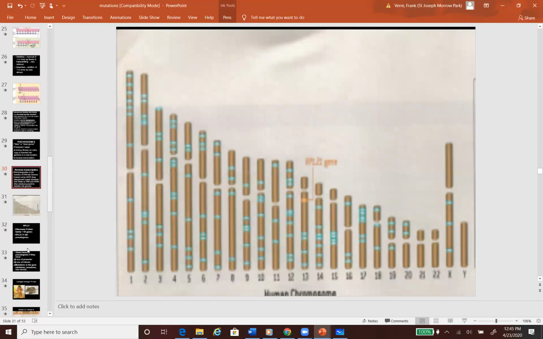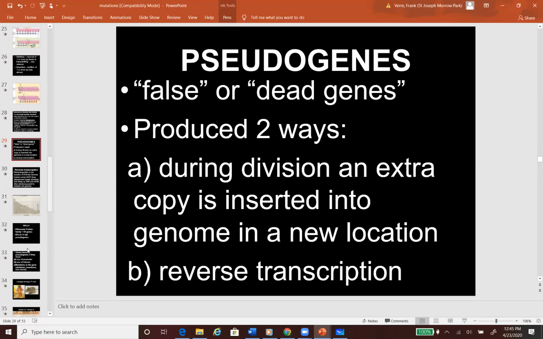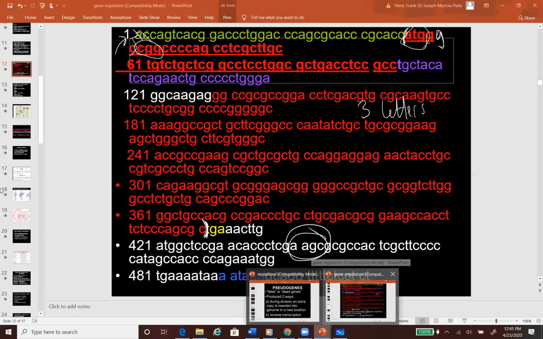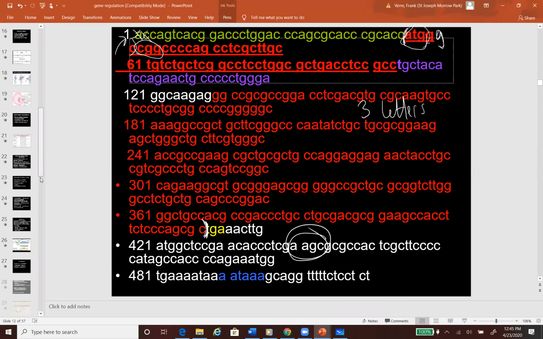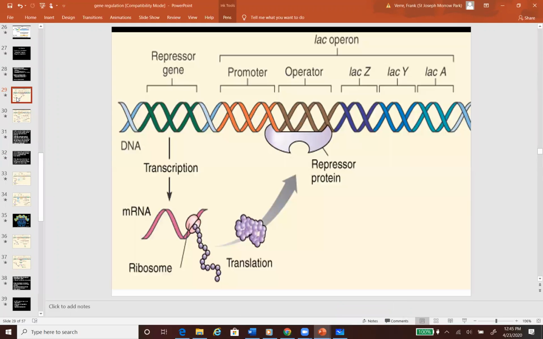If you remember, mutations in non-coding sections are the types of mutations that would affect, if I go back to, for instance, when we talked about gene regulation, okay?